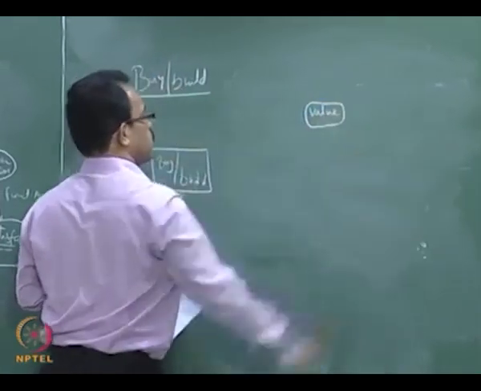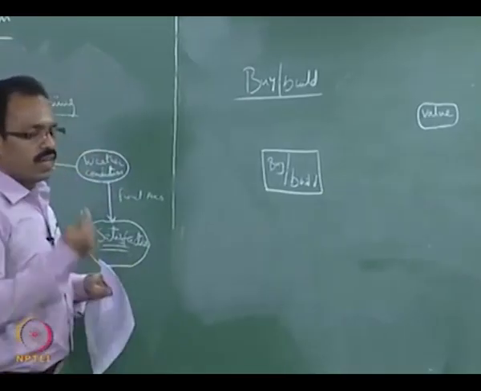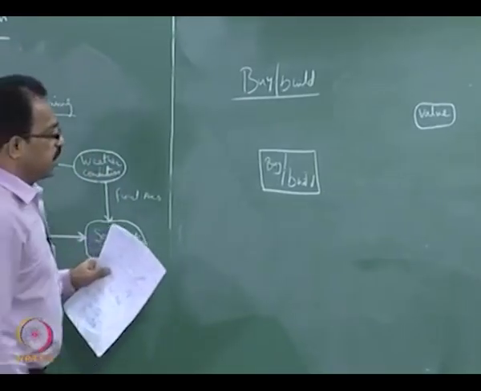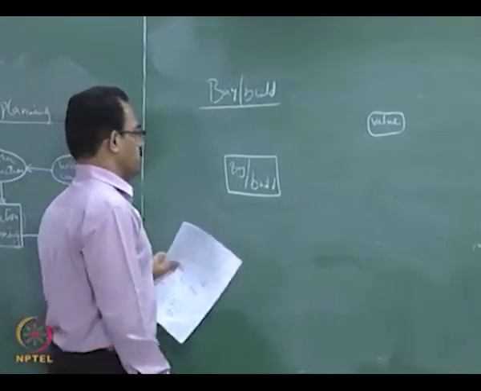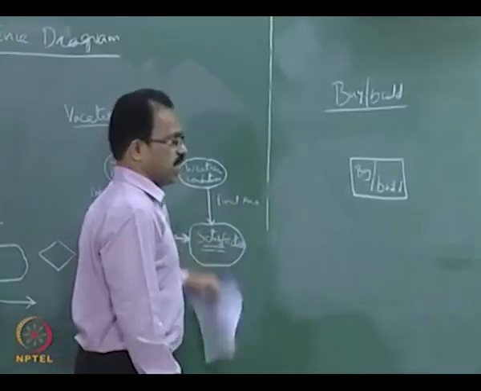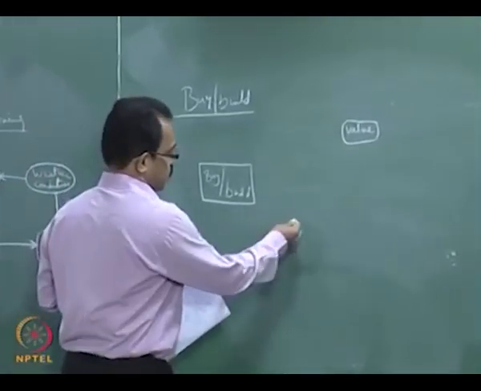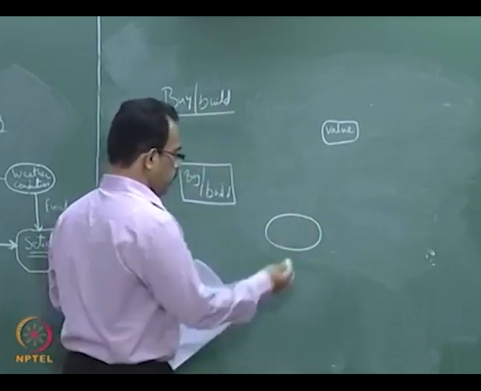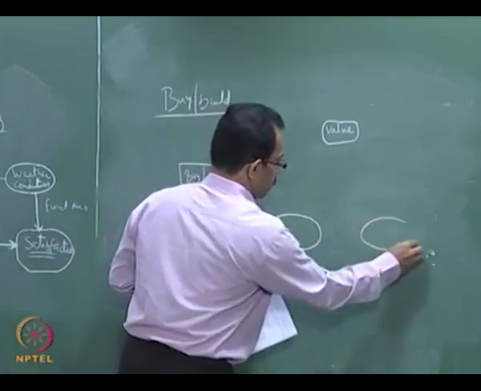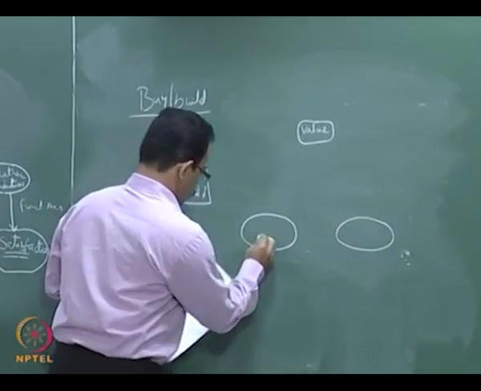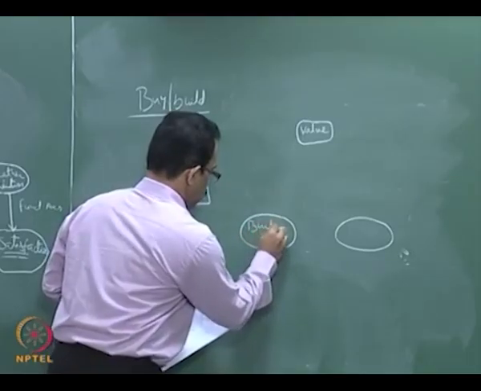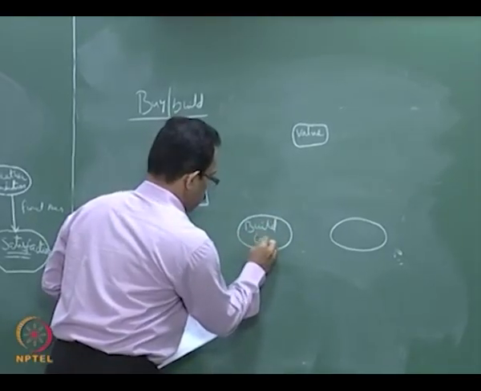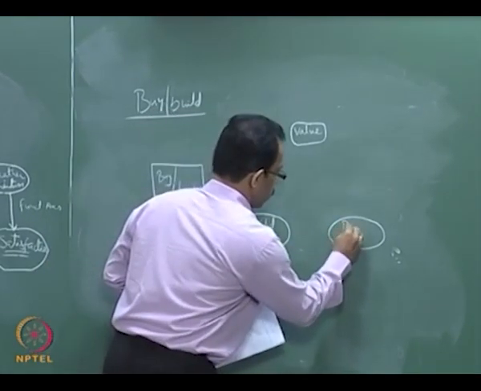That is the value node here, the output, something like satisfaction. And the two chances are that it may lead to build cost and build schedule. So build cost and build schedule, these are the two chances.